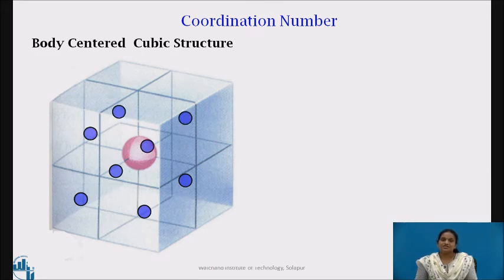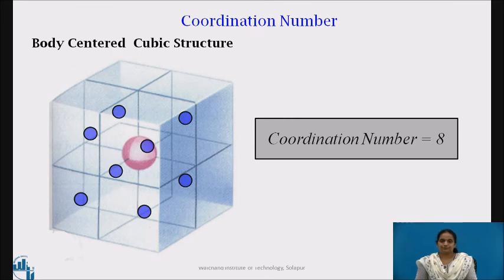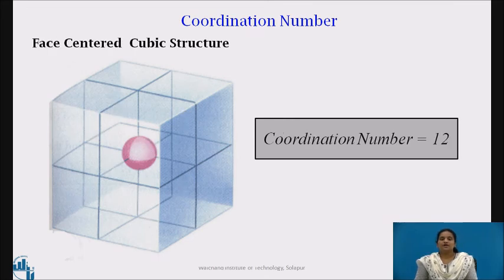Hence, the coordination number is 8. In a FCC cell, each corner atom is in contact with the face centered atoms. It would therefore be in contact with 4 atoms in its own plane, 4 in a plane above it, and 4 in a plane below it. Hence, the coordination number is 12.